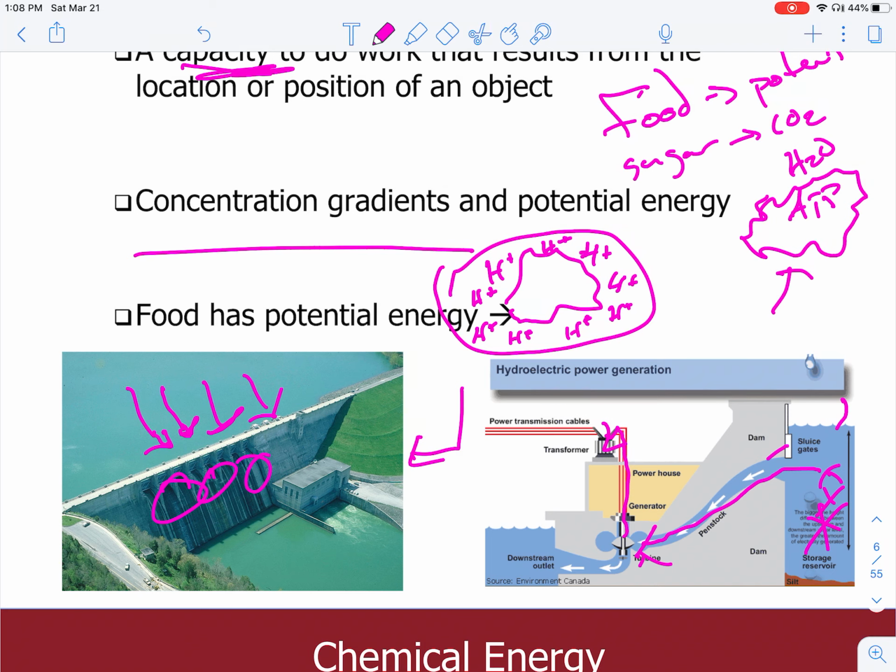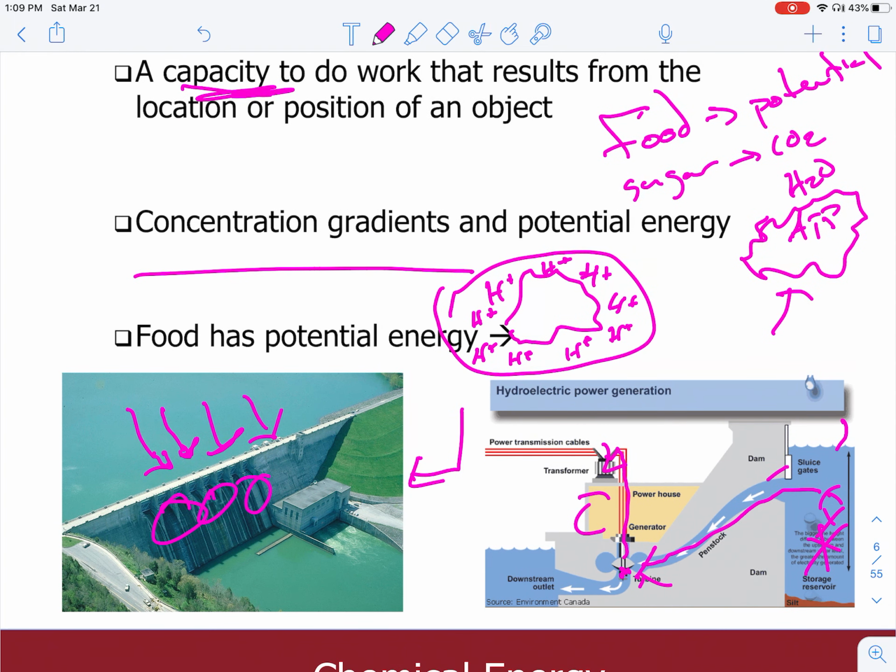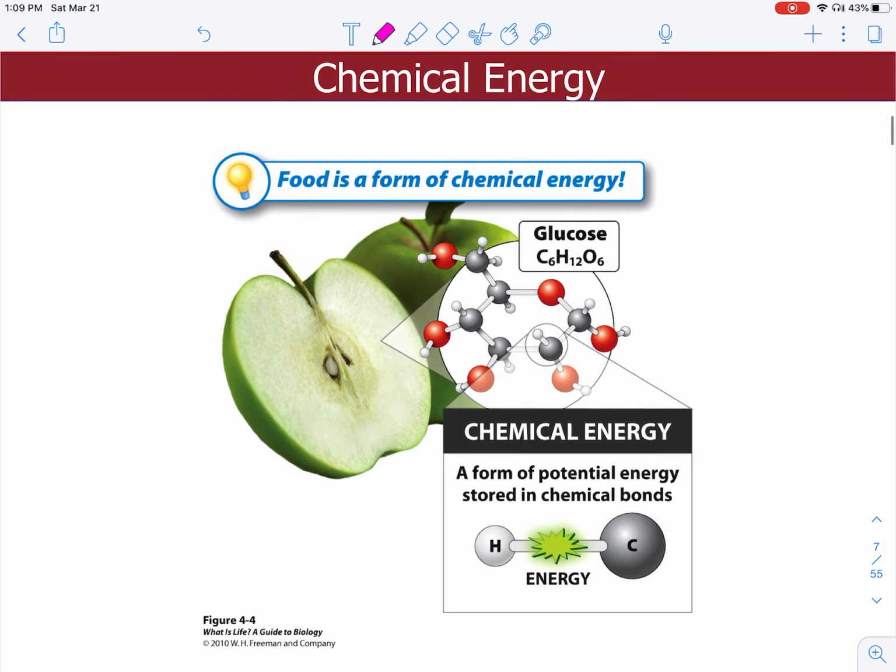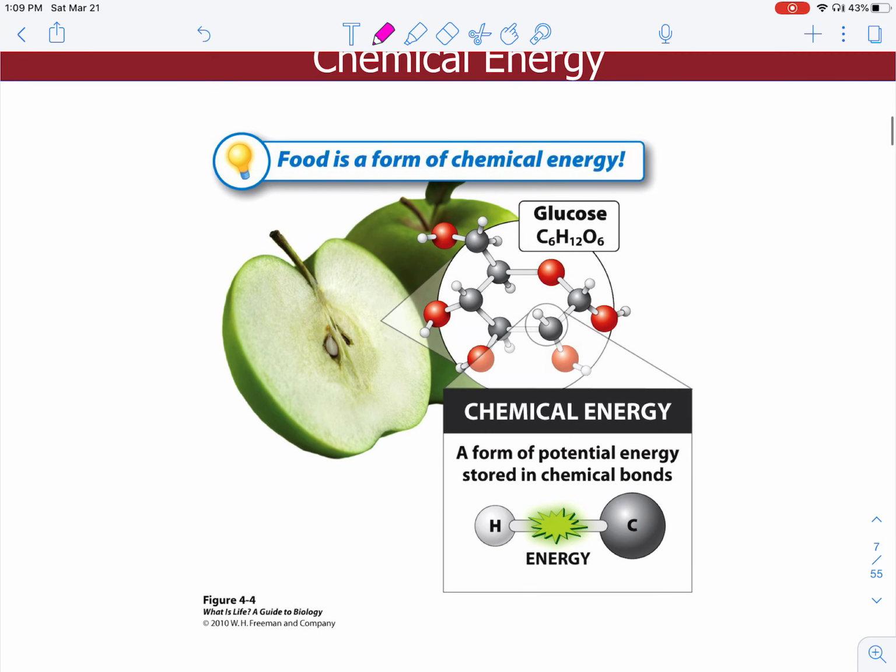It gets converted to mechanical energy at the level of the turbine, which then gets converted again to electrical energy in the power grid. And so that's an example from physics. We're going to do a similar example using concentration gradients to do the same thing. So as I said, food is a form of potential energy.